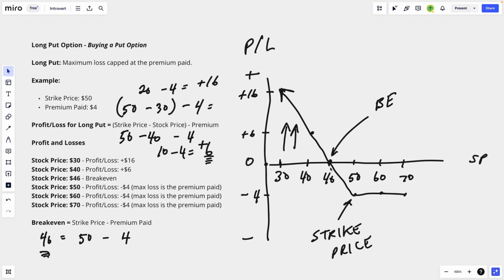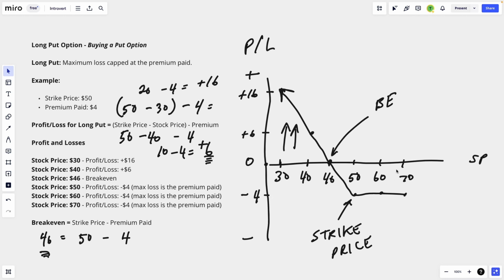You have the right to sell at 50, but if the stock price is higher, then you certainly wouldn't go out and do that. If the stock price is at $60, you have the right to sell at 50. You would not buy at 60 and flip around and sell at 50. That does not make financial sense. So your option would expire worthless and you would just lose the $4.